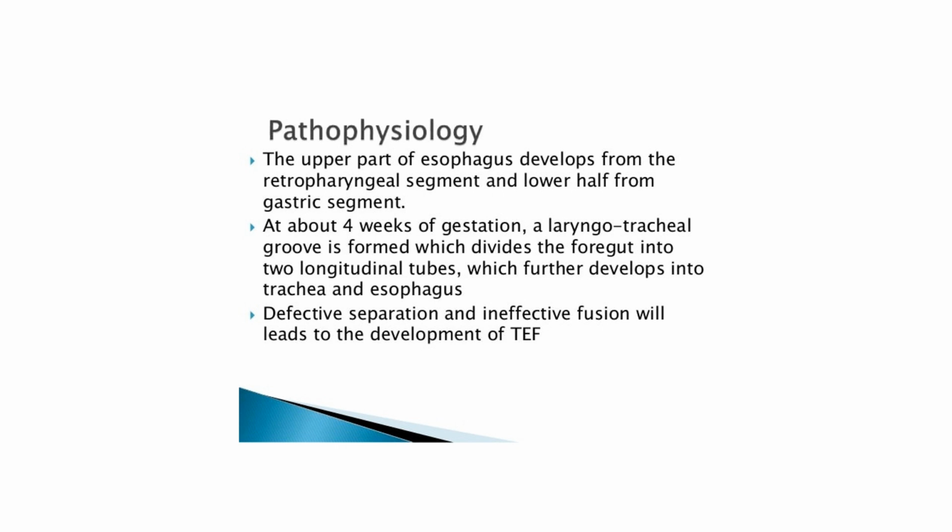During the 4th week of gestational age, a laryngo-tracheal groove forms, which is responsible for dividing the foregut into two longitudinal tubes, that is the trachea and esophagus. If there is a defective separation, or due to some condition the two tubes cannot be formed, that will lead to TEF inside the baby's digestive system.